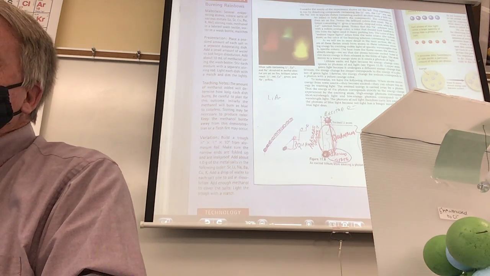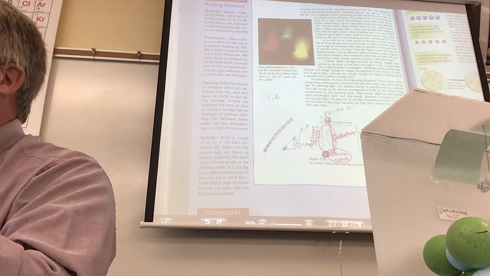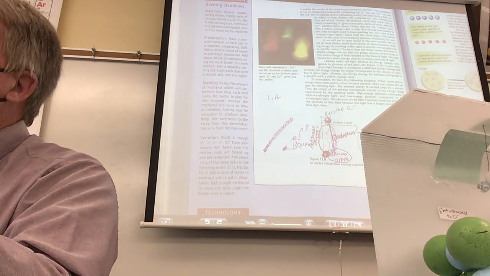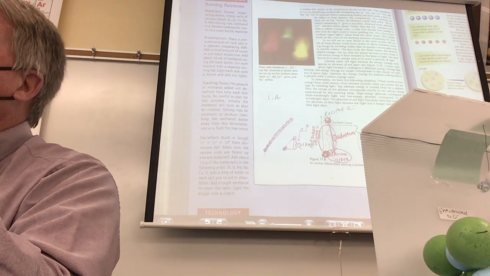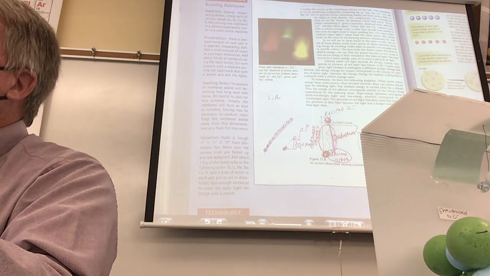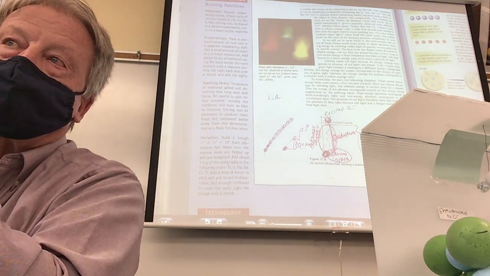Now, what would happen if I were to excite that electron? You say, well, how do you do that? How do you excite an electron? Well, you can use microwaves. I could use a Bunsen burner. I could use a flame. I could use electricity. There are different ways to excite an electron.